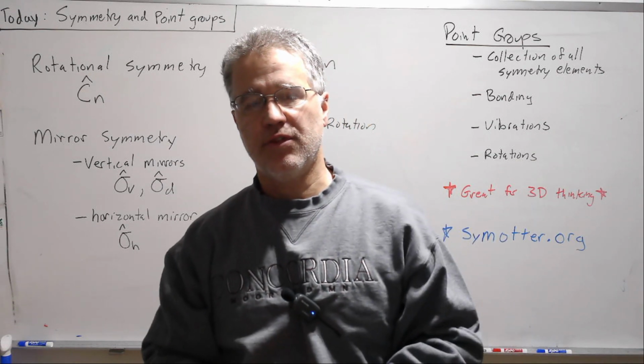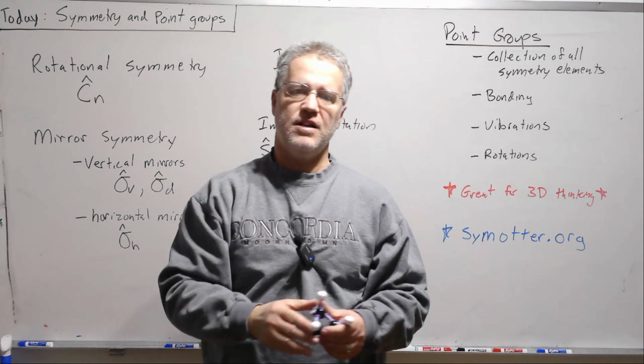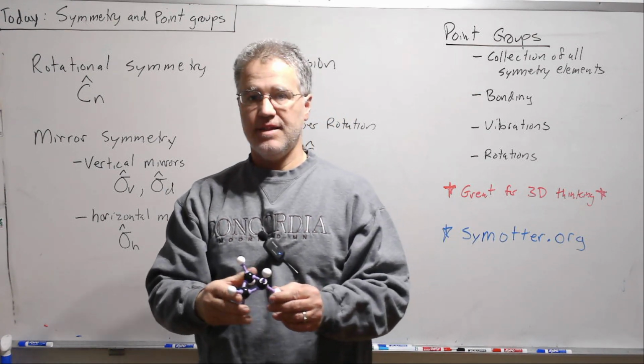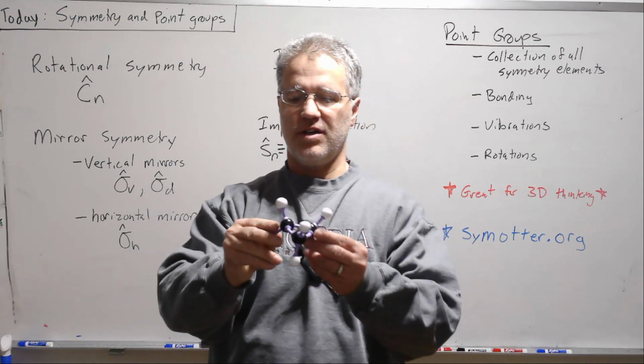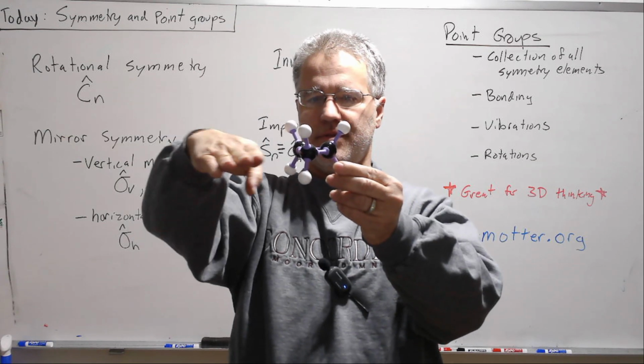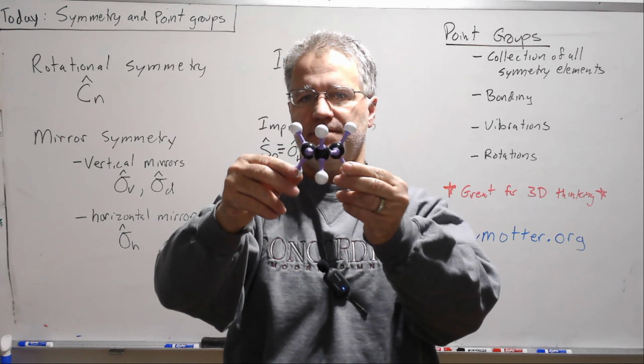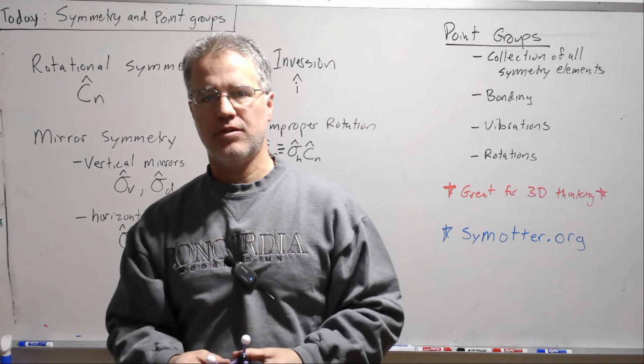So there's my 3 perpendicular C2 axes. So that takes me off onto the D side. And then I ask, is there a horizontal mirror? Well, there is in this case, because if I use my hand here for a mirror, it will reflect all the hydrogens into each other. And so this ends up being a D3H.